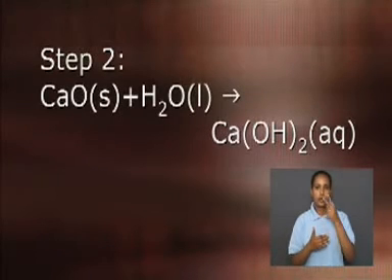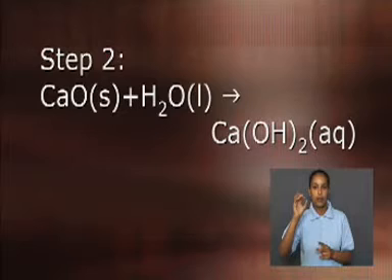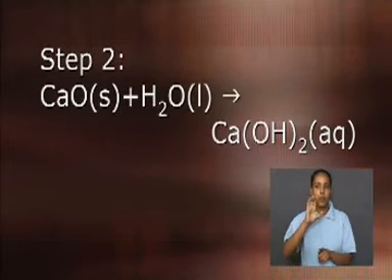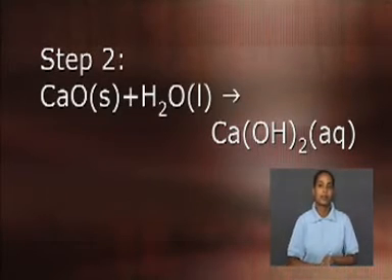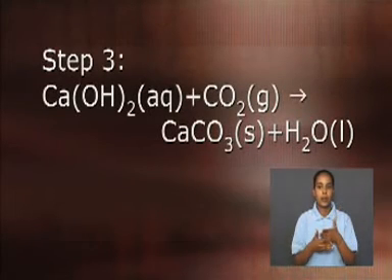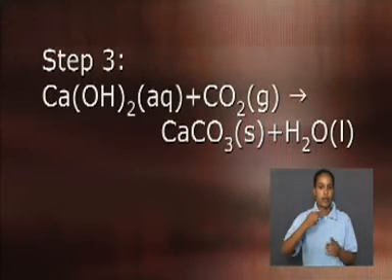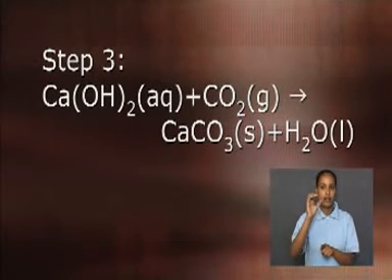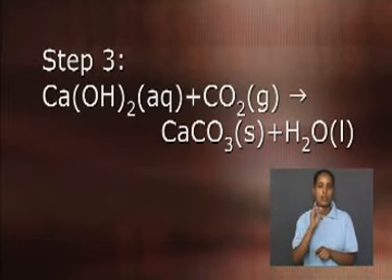In step 2, the calcium oxide reacts with water to form calcium hydroxide. In the 3rd step, calcium hydroxide and carbon dioxide react to form calcium carbonate and water.